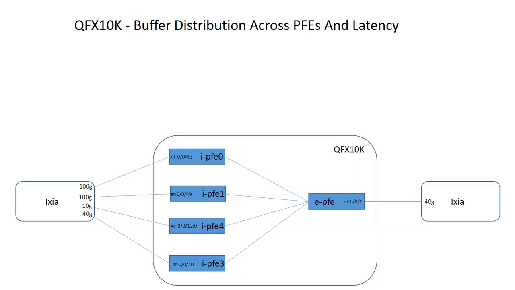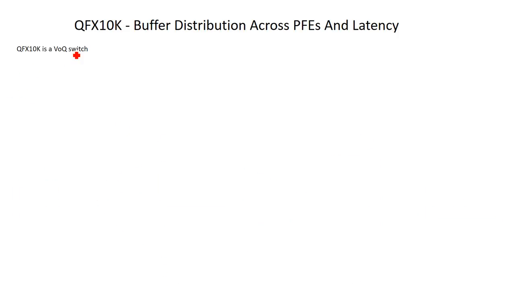In this video, I will be observing buffer distribution across packet forwarding engines and latency on Juniper QFX10K switches. So QFX10K is a virtual output queue switch, which means that there is no output queue as such.